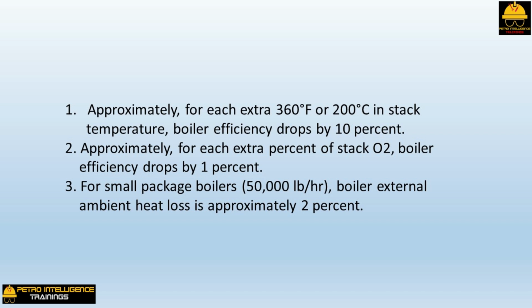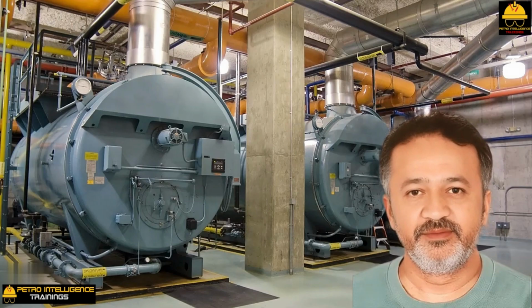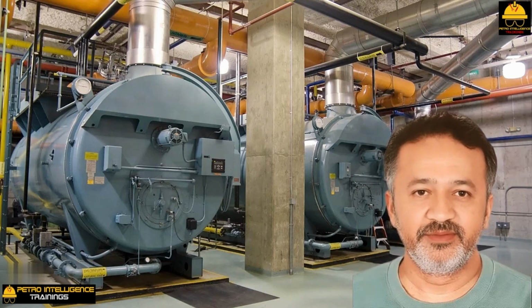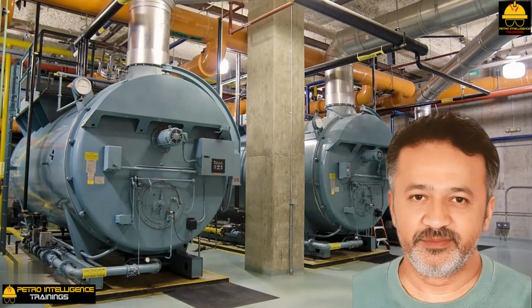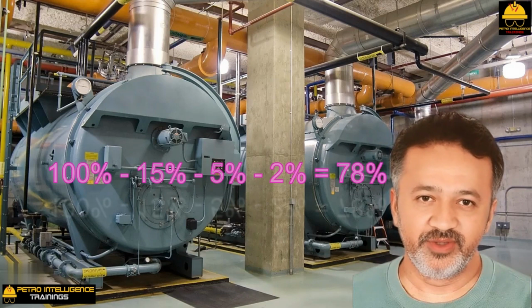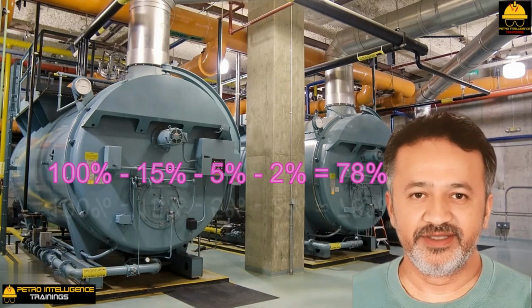For small package boilers, 50,000 pounds per hour, boiler external ambient heat loss is approximately 2%. Thus, for a small boiler with a 600 degrees Fahrenheit stack, 5% O2 in the flue gas, boiler efficiency is 100% minus 15% minus 5% minus 2% equals 78%.